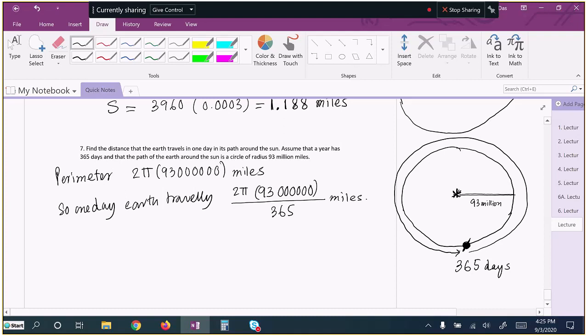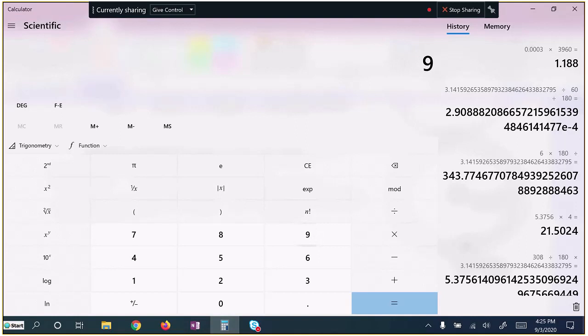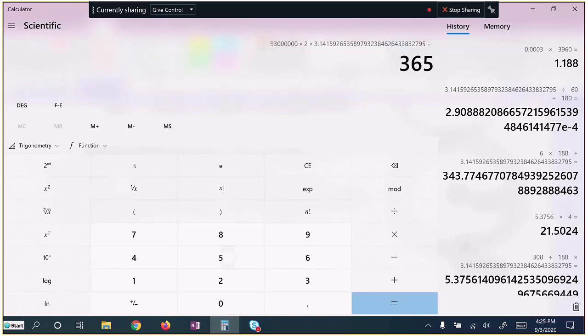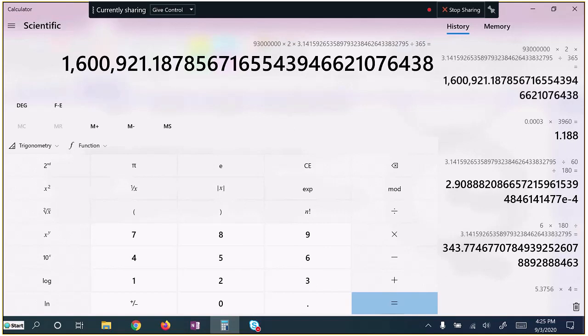I will just find this value, rounded to 4 decimal places. So let's see. 93, 6 zeros, times 2 times pi. And remember, we are dividing by 365.